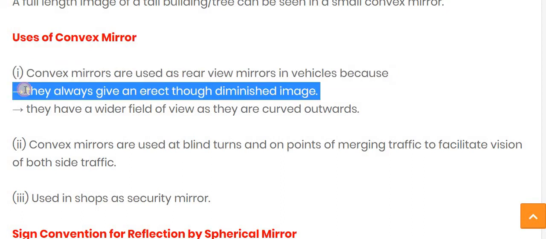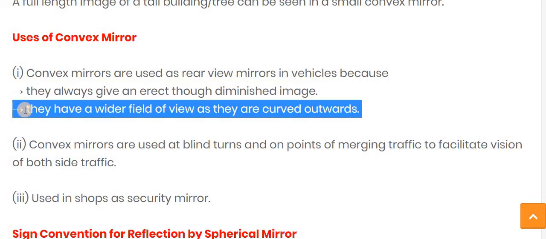Because it always gives an erect image as well as a diminished one. The second reason is that they have a wider field of view as they are curved outwards. It covers a wider area because of the outer curved surface. That's why it is able to cover the maximum area.